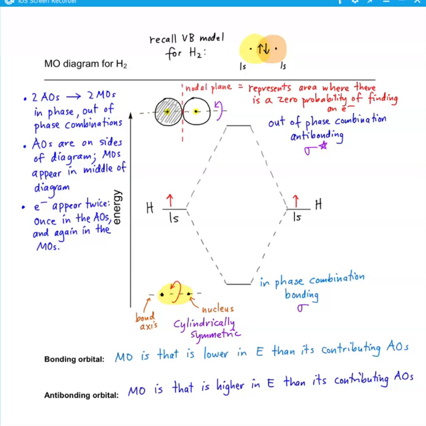Okay, now, the molecular orbitals are the ones in the middle of the diagram. So your new set of orbitals that you want to fill up with electrons would be the bonding and the antibonding.